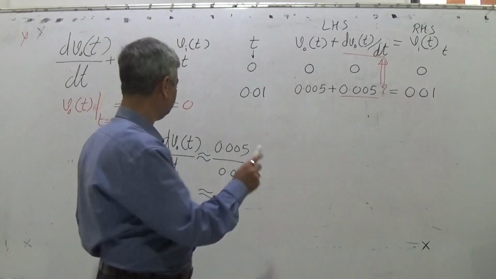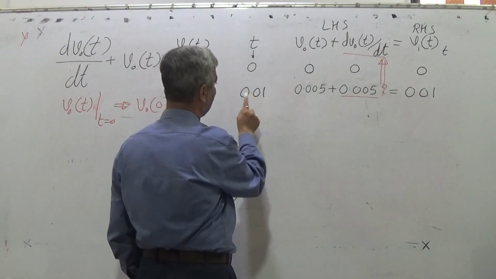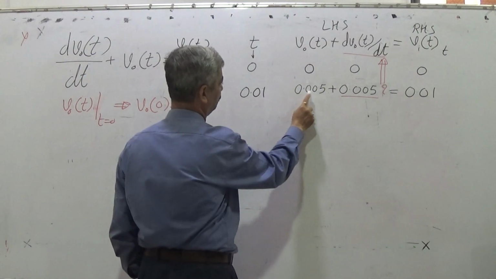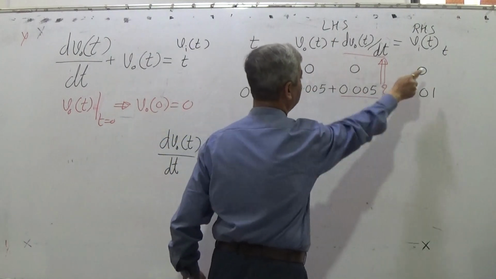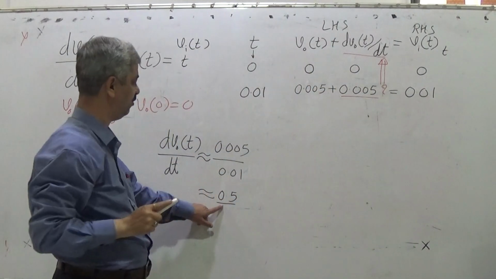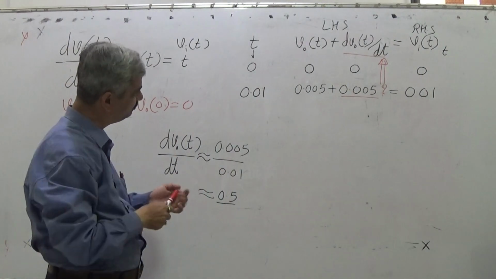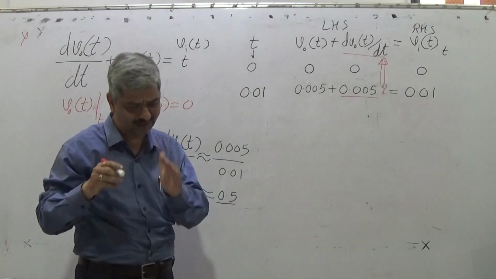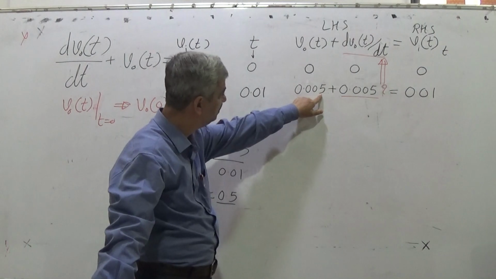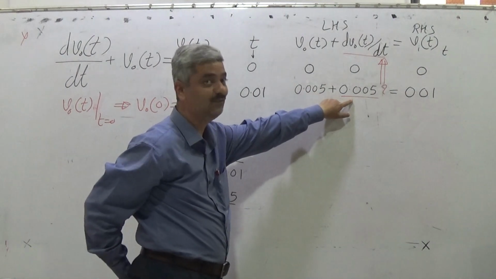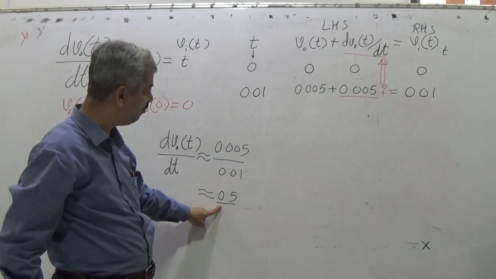By assuming VOT at t equal to 0.01 as 0.005, dVOT by dt given by this equation is this, and found by formula is this. So there is a mismatch. So how to proceed? I would like to guide you slowly. We had assumed this much. dVOT by dt given by the equation is this, and the actual change which happened is more.